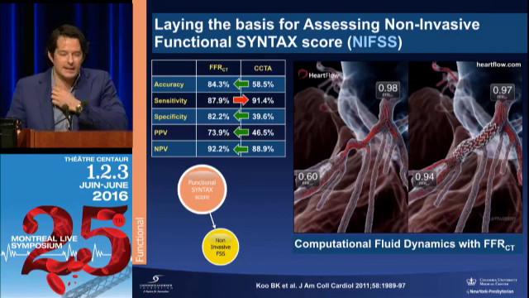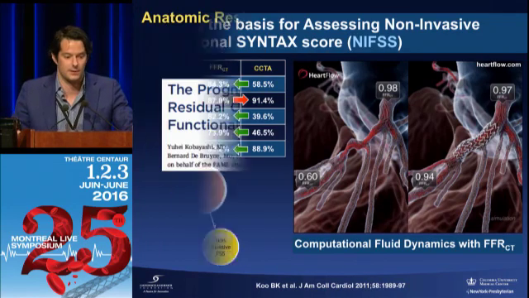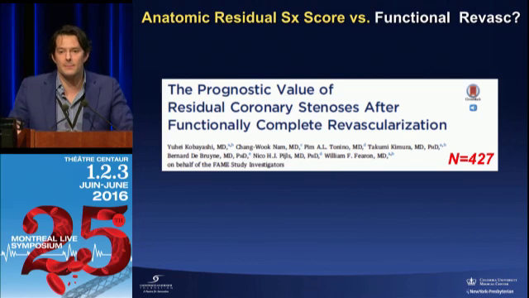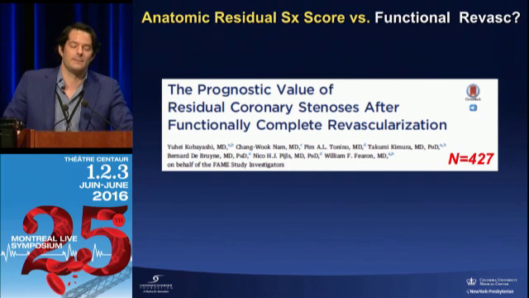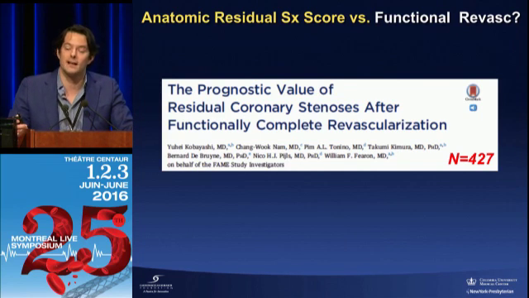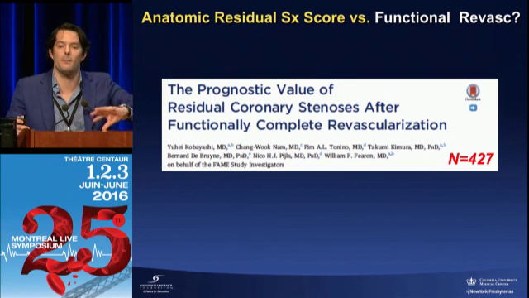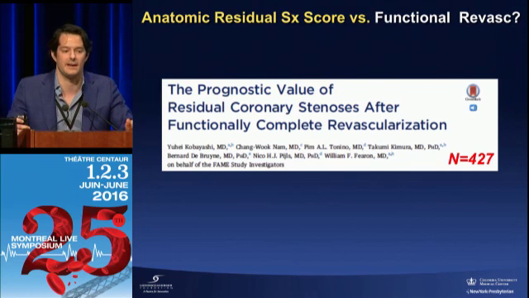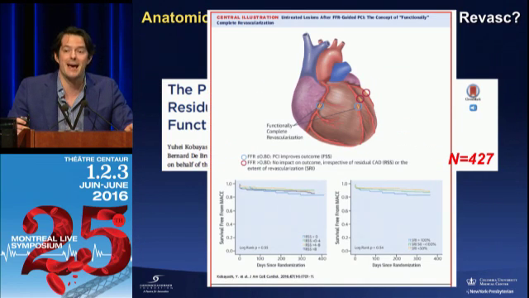And this technology is still in infancy, still needs a lot of validation, but it's very interesting. So one paper that I'm going to talk about reinforces the fact that functional revasc is more important than anatomic revasc. It is a paper in JACC that was published, I think, 2-3 weeks ago, where they took 400 patients, and they only take the patients with FFR-guided revasc, so complete revasc by FFR, and they show that it doesn't matter the anatomic residual syntax score that you left behind.